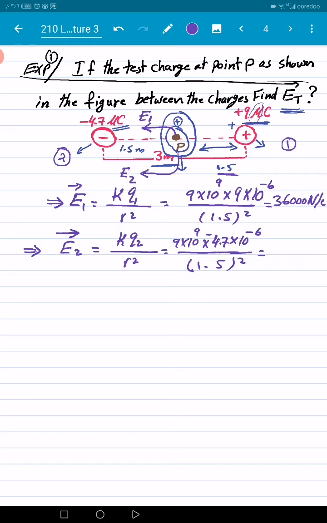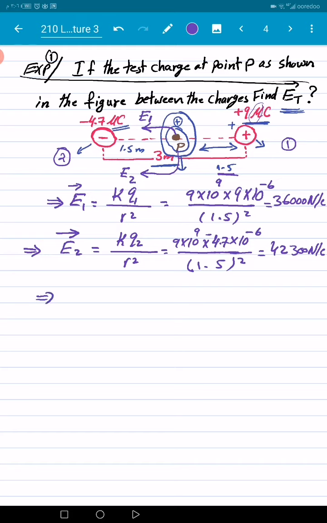So it is 1.88, 42,300 Newton per coulomb. You can check if I made a mistake or not.